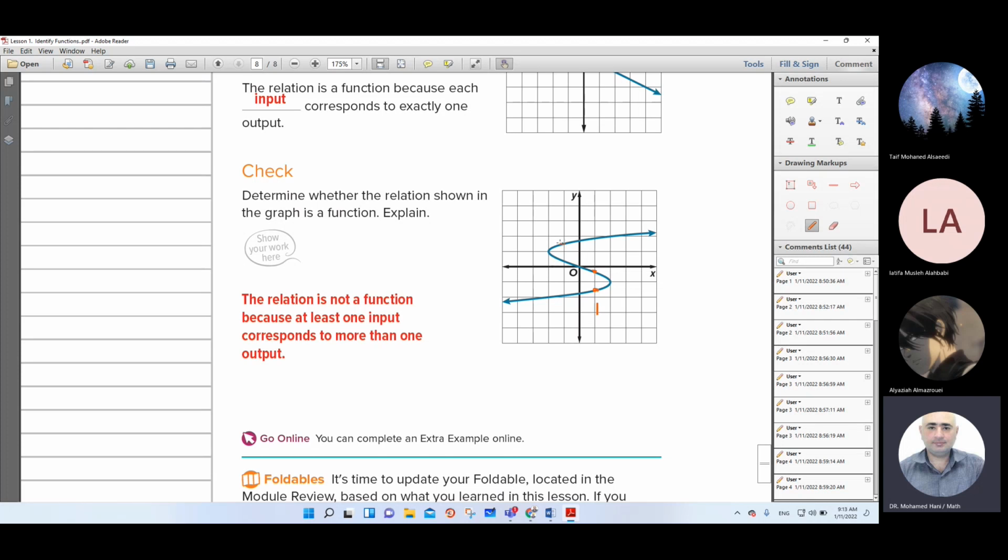And we have this point and this point and this point also with the same value of x, -1. This means this is not a function because an element in the input corresponds to more than one element in the output. So the relation is not a function because at least one input corresponds to more than one output.